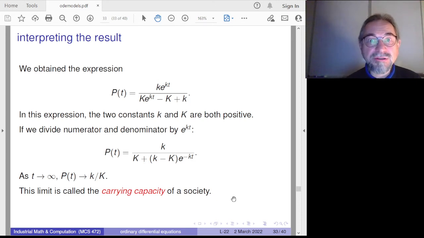So the size of our population will never exceed the ratio little k over big K. So that's why this model, which is after all only a model, subject to all kinds of assumptions which can be true or not true, this logistic equation is actually very fruitful for studying population growth, because it leads to the acceptable notion that there is a carrying capacity. So there is a limit to how large our population can grow.